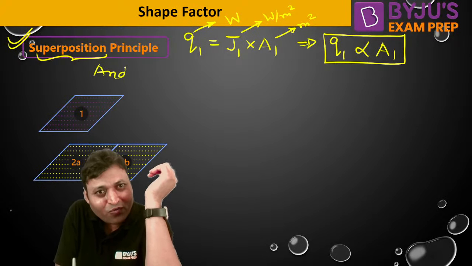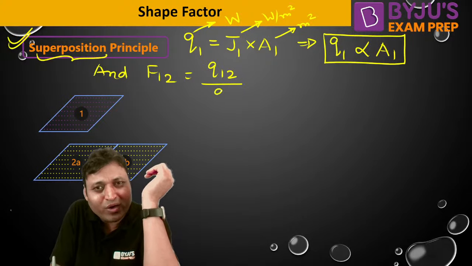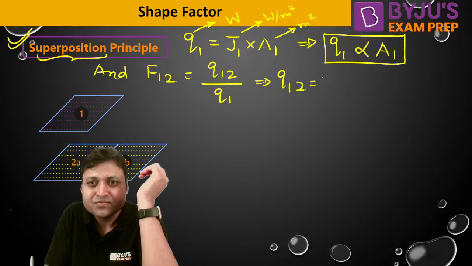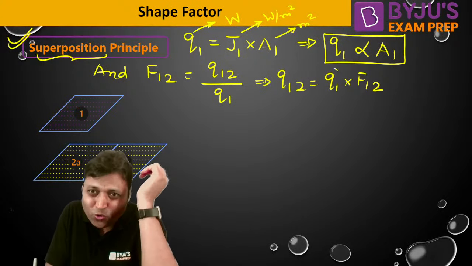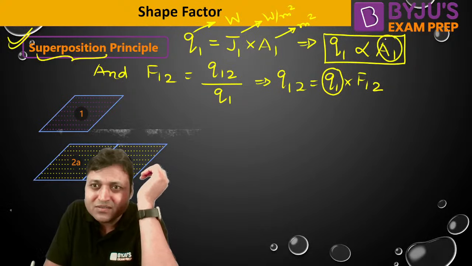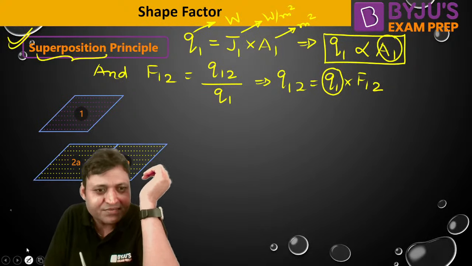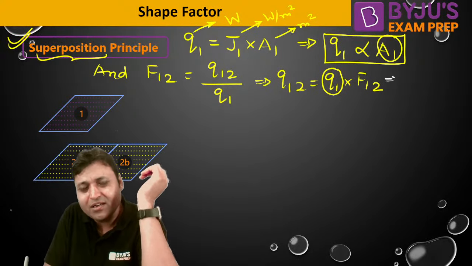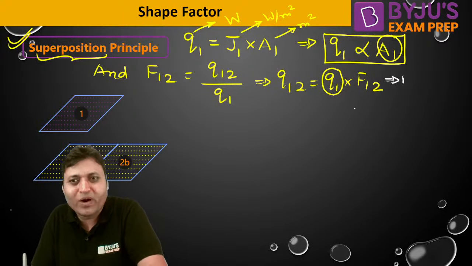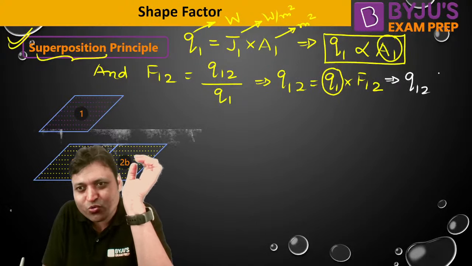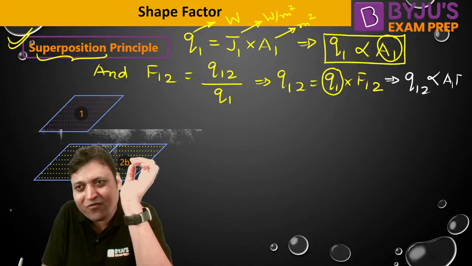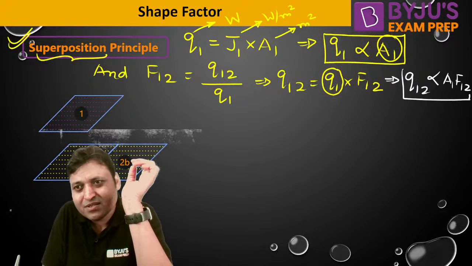And also we know F1 to 2 is Q1 to 2 upon Q1. Or we can say Q1 to 2 is equal to Q1 into F1 to 2, isn't it? And Q1 is proportional to A1. So can we say Q1 to 2 is proportional to A1 F1 to 2, isn't it?